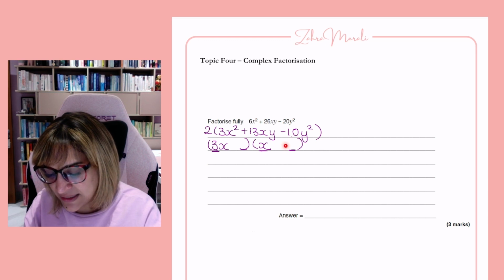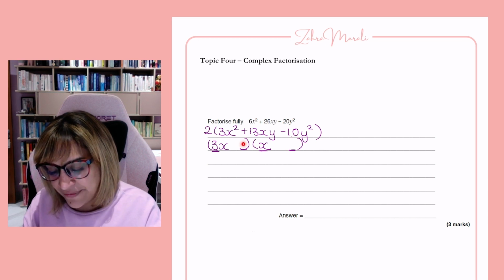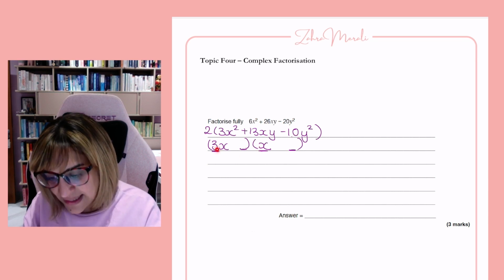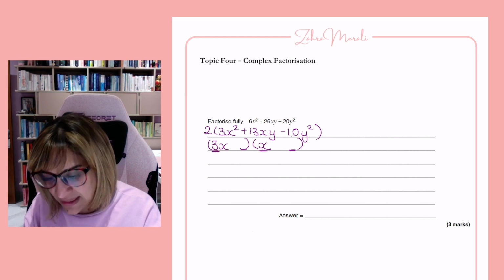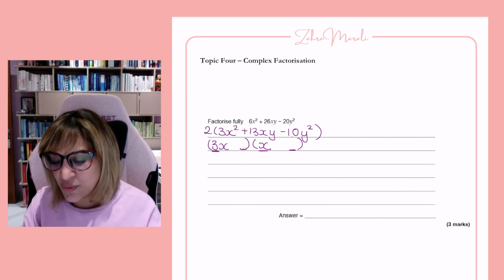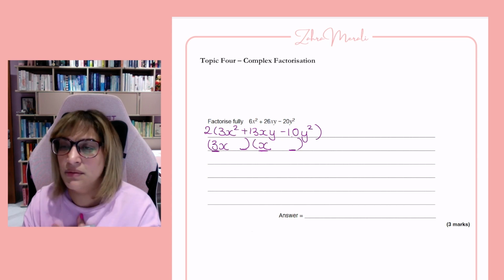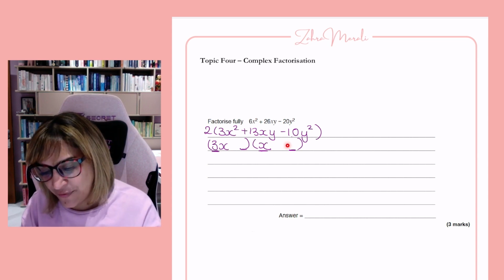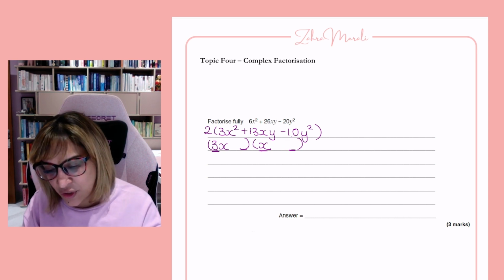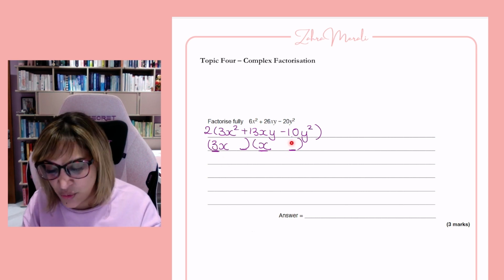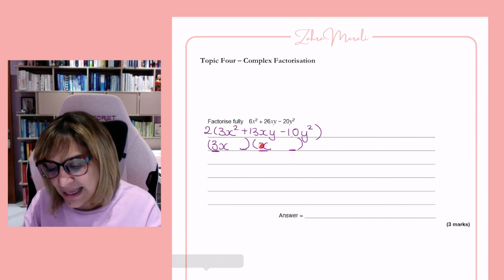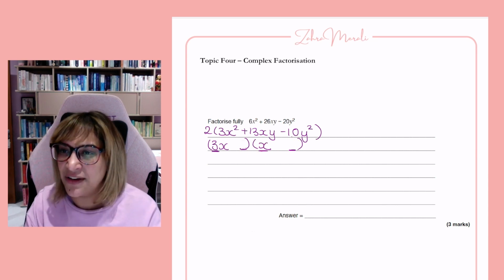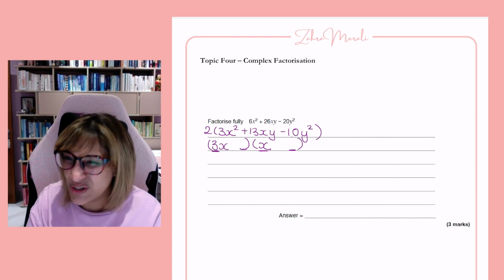Because even if I had minus 10x, and then this would have to be plus, and then we're not going to get 13. So we know we're not using 10 and 1. Other factors of 10, 2 and 5. If I had a 2 here, 3 times 2 would be 6. And then I've got 6 and 5 together, it's not going to give me 13.